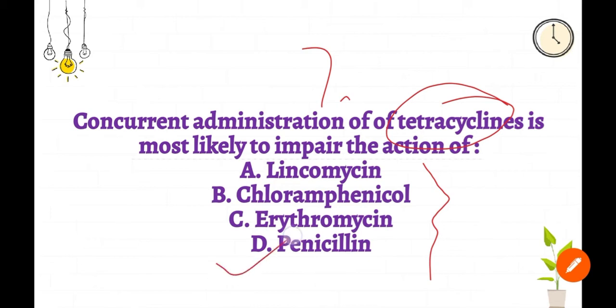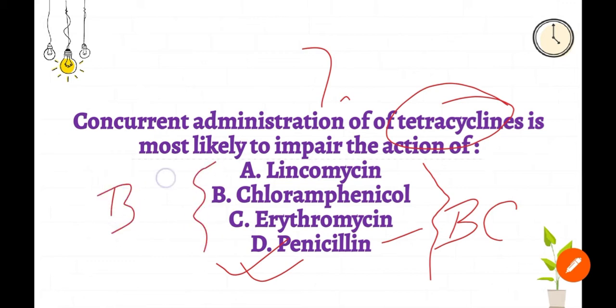Answer is penicillin, because penicillin is a bactericidal drug. All other drugs, tetracycline, lincomycin, chloramphenicol and erythromycin, are bacteriostatic drugs. We never combine bacteriostatic with bactericidal. So the answer is penicillin.